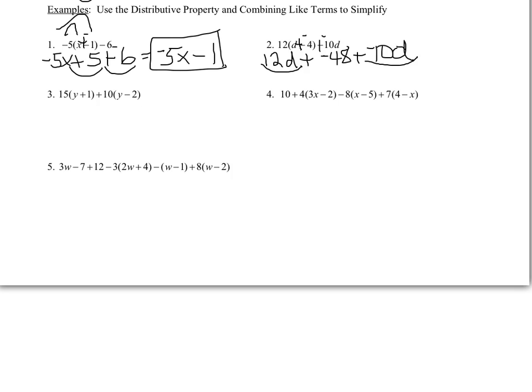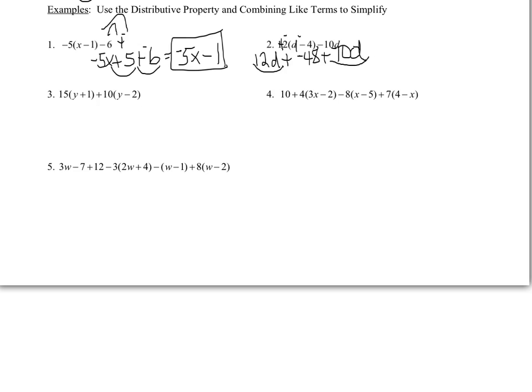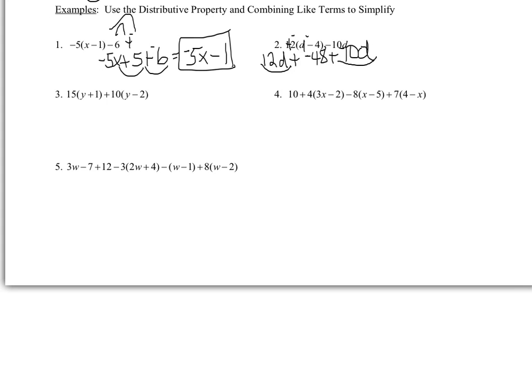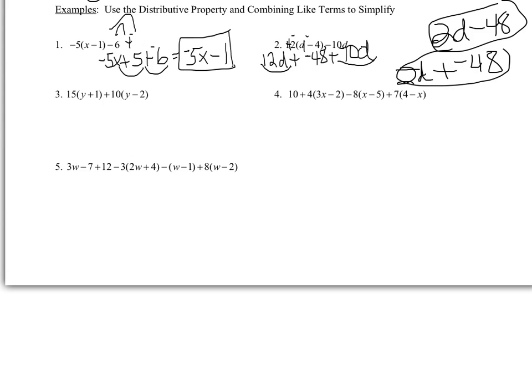So 12d plus a negative 10d is going to give me positive 2d. And the negative 48 has nothing to combine with, so it stays negative 48. So we have 2d plus a negative 48 for an answer, or you could write it as 2d minus 48. Either answer would be acceptable.